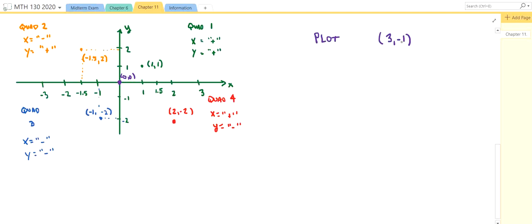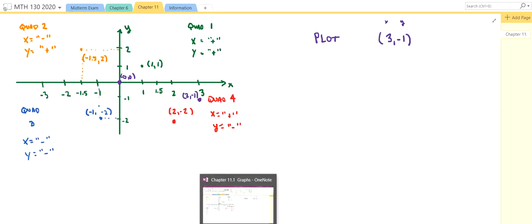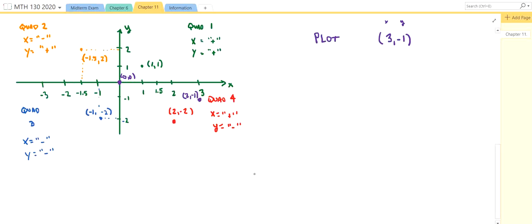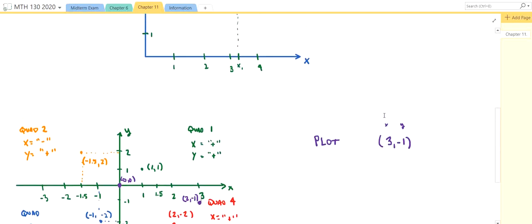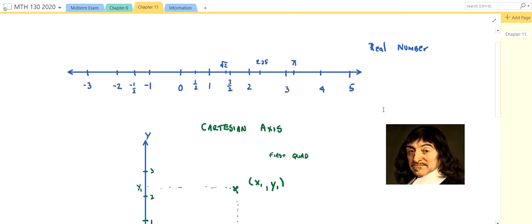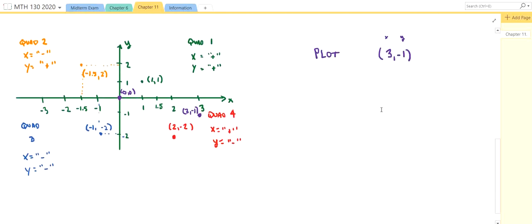And then minus 1 for the y. So this is considered x and y. Minus 1 for the y term would end up giving us a point right here. So this point would be 3, minus 1. And we could plot any number of points in that way. So that's essentially the ideas that are discussed in section 11.1.